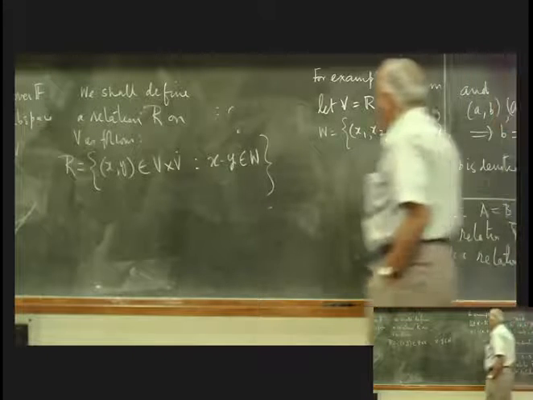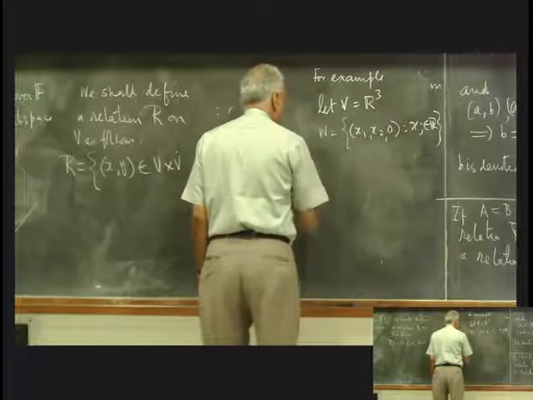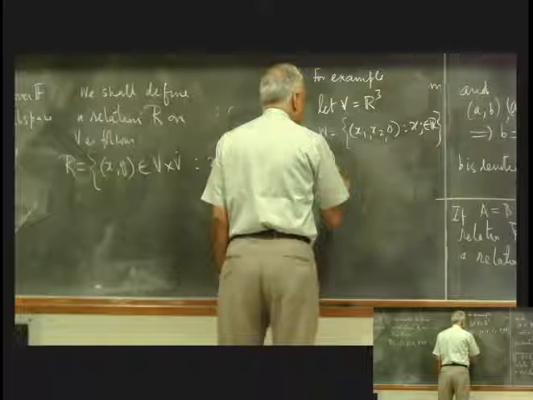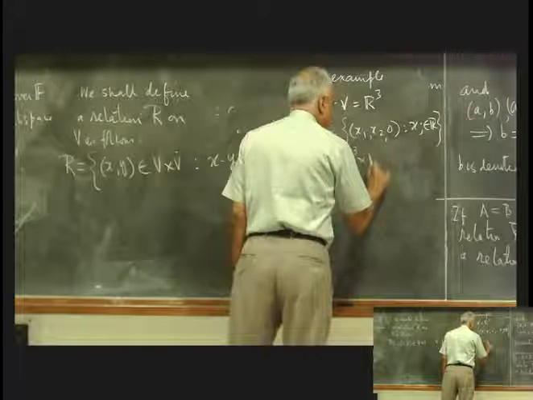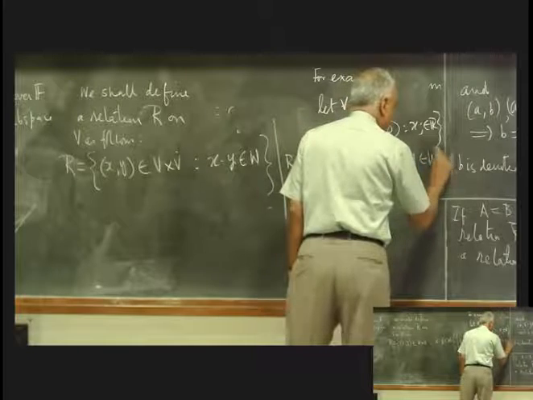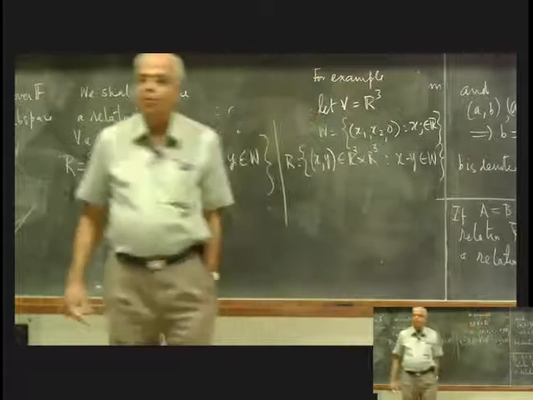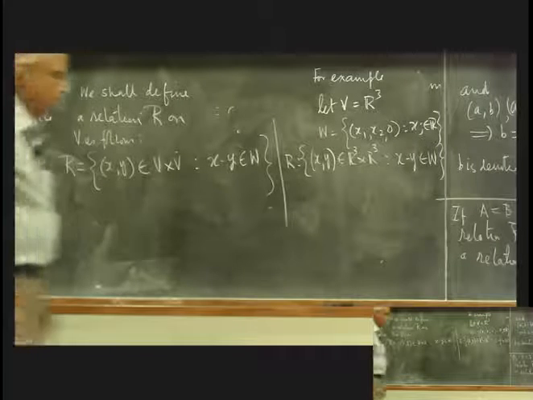And now I am going to look at the relation R to be the set of all (x, y) in R3 cross R3 such that x minus y belongs to W. What does that really mean? The third component must be the same.